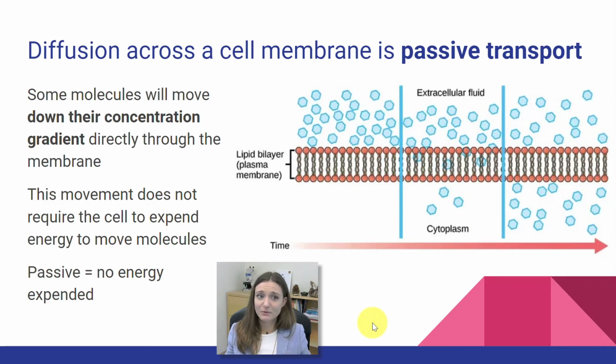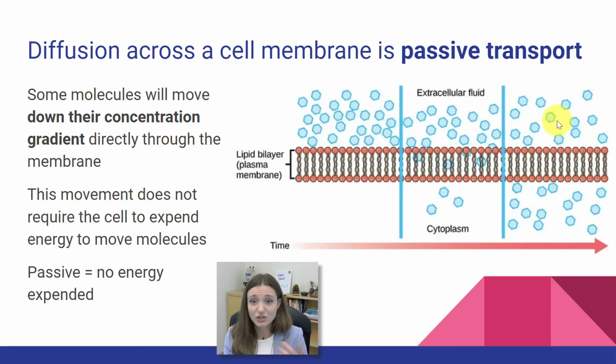Alright, so we just take that idea of diffusion, put a membrane in the middle, and molecules moving with their concentration gradient across a membrane is passive transport. That's basically it, right? So let's say maybe these are oxygen molecules. Oxygen is small and not charged, so we can fit through that membrane. So over time, if on one side of the membrane we have a high concentration of oxygen, and the other side has no oxygen, so zero concentration of oxygen, these molecules will tend to diffuse across that membrane until there's an equal concentration on either side.